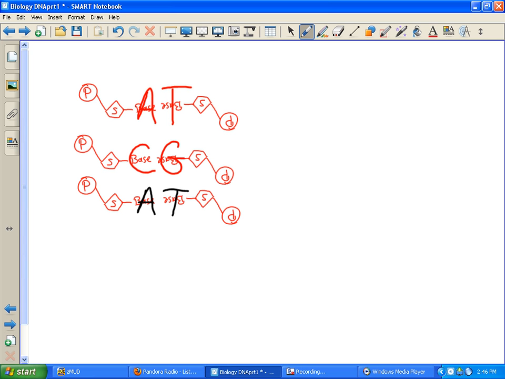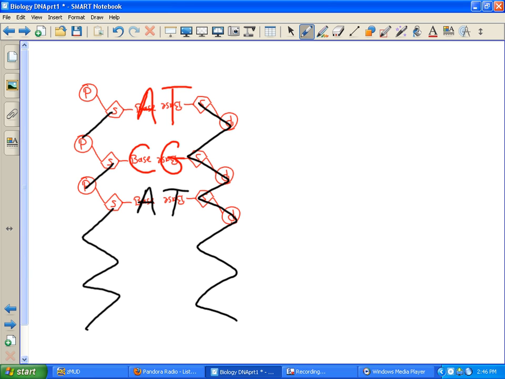So this sugar would connect to the phosphate, sugar, phosphate, and it kind of does this on the sides. And what sticks out in the middle are these partners. So if I had T and A here, the other side would be, and it just keeps going.